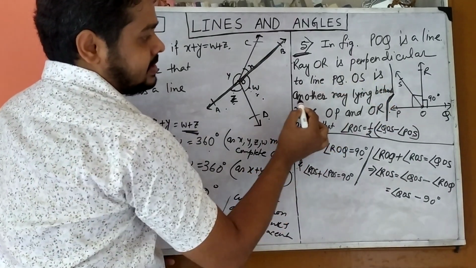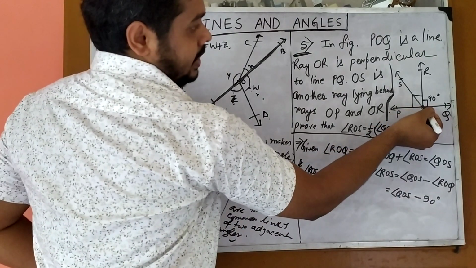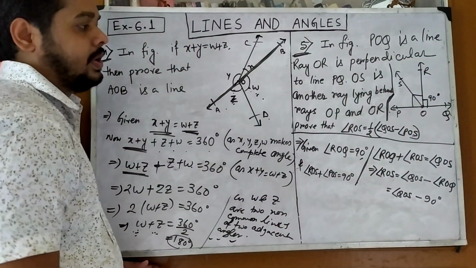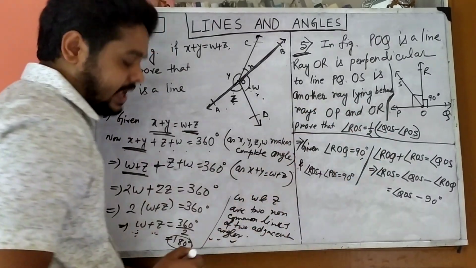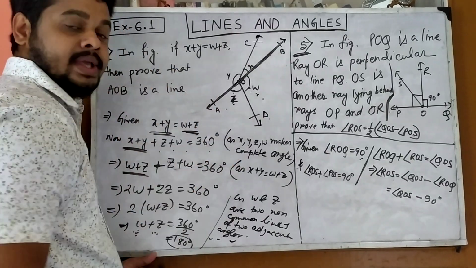Now OS is another ray lying between OP and OR. This is OS, lying between OP and OR. Then we have to prove that angle ROS equals half of angle QOS minus angle POS.